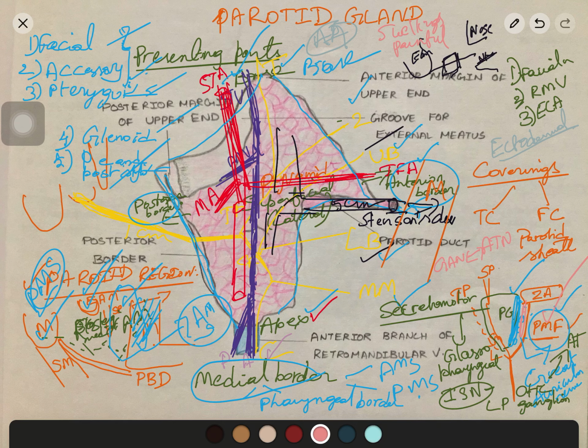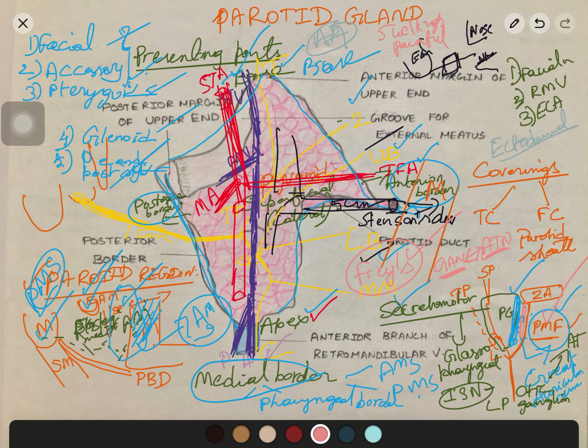So whenever this patient eats, beads of perspiration appear on the skin covering the parotid, because the stimulus for salivary secretion induces sweat secretion instead. The great auricular nerve is for sweat secretion, auriculotemporal is for salivary. When these two fibers merge after injury to the parotid gland, the syndrome is called Frey syndrome.